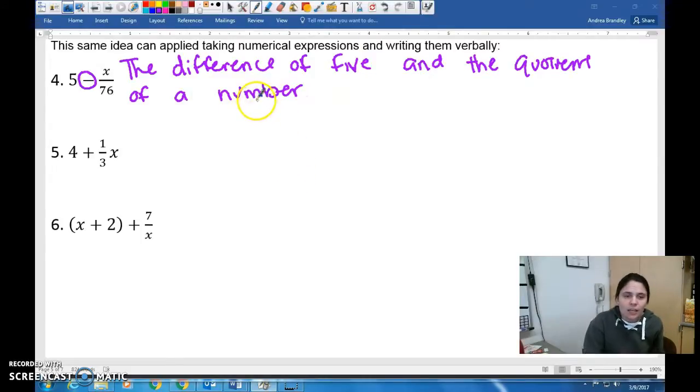And in that case, it doesn't matter that our variable is x. You can use any letter that you want to represent your variable. So you could put an n or a p or a j. So if it just says of a number, you can choose to use x, and in this case it does use x, but you could also use any other variable. So it's the quotient of a number x and 76.